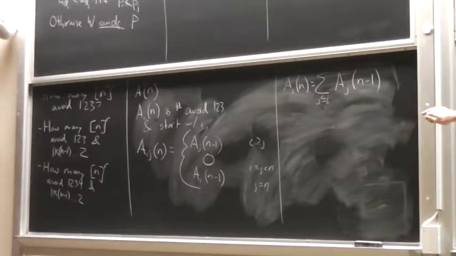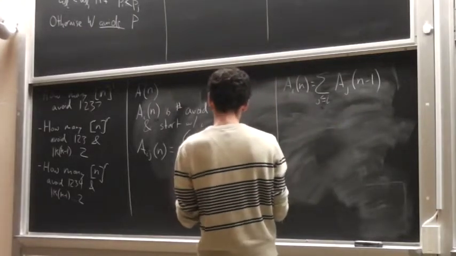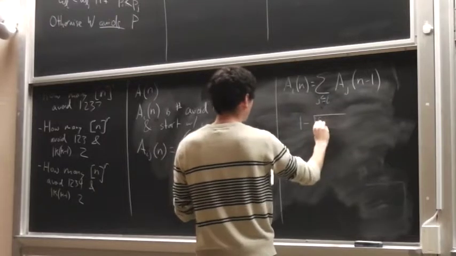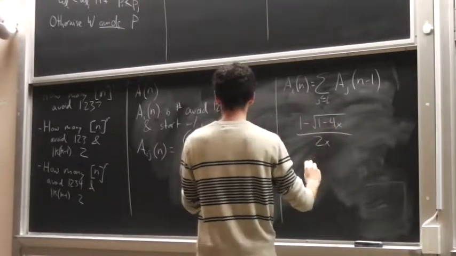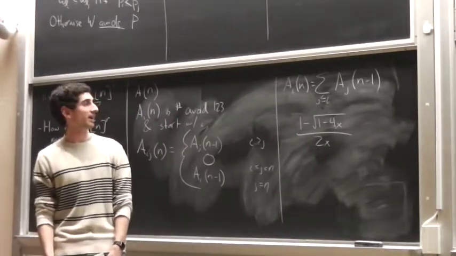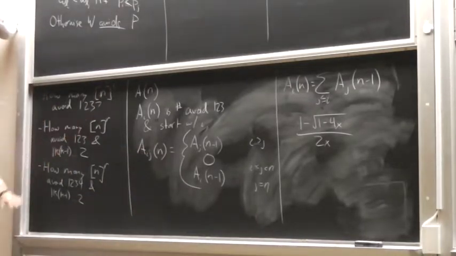It's not a finite recurrence, so it's not giving us a rational generating function, but it gives us a generating function that we're happy with anyway, which is 1 minus the square root of 1 minus 4x divided by 2x. And this happens to be the generating function for the Catalan numbers. And so we found a way to count all of these permutations that avoid 1, 2, 3. So we've solved the first problem.